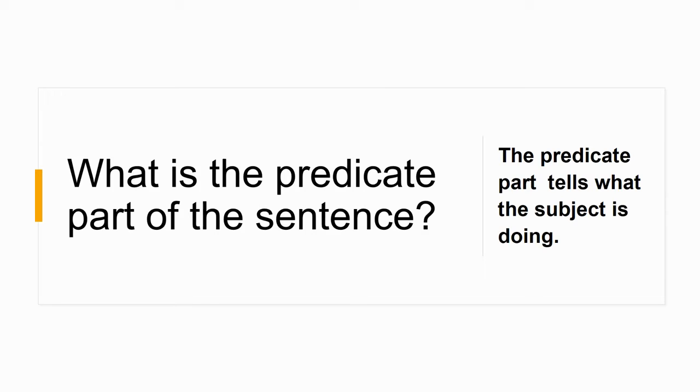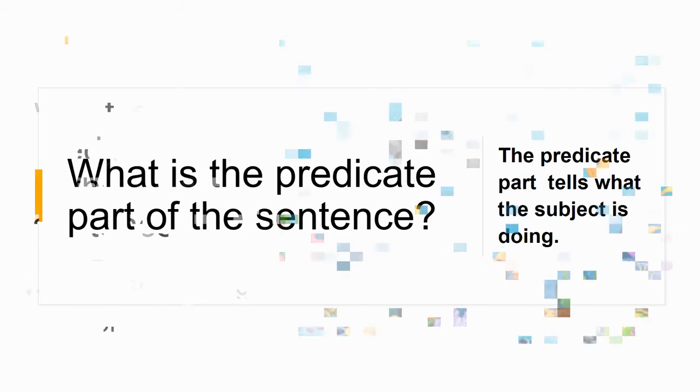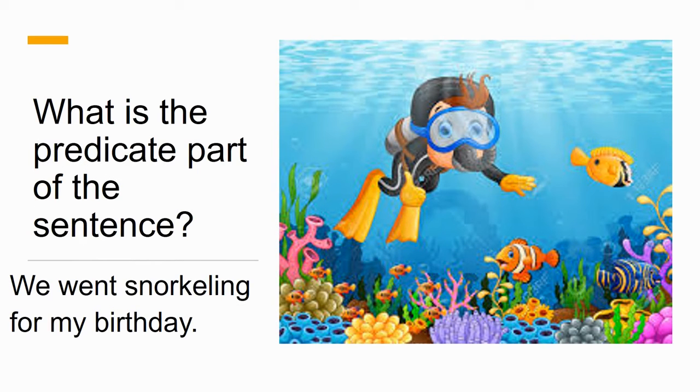Remember earlier we said the sentence has 2 parts. If I'm not the subject, then I must be the predicate part. So let's have a look at another example. Let's read that sentence. We went snorkeling for my birthday.